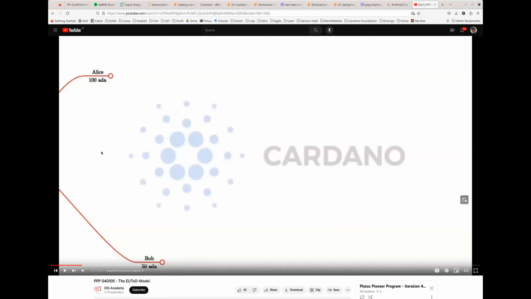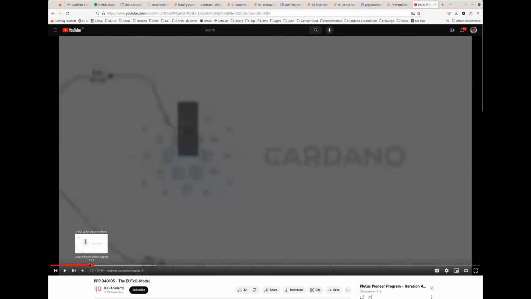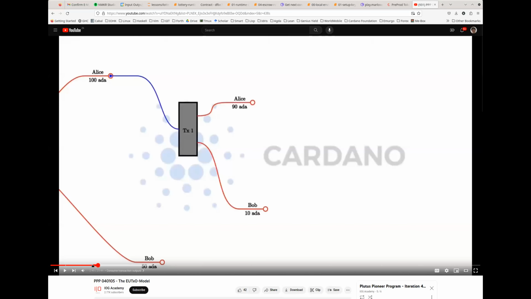But in the UTXO model, if we now do a transaction, Alice would create a transaction. Transactions have inputs and outputs. It can be arbitrarily many inputs and arbitrarily many outputs.